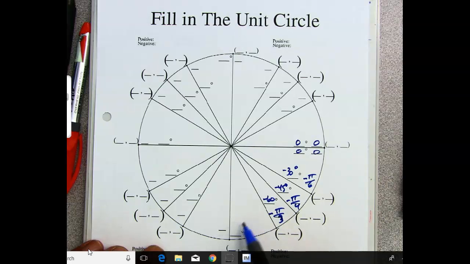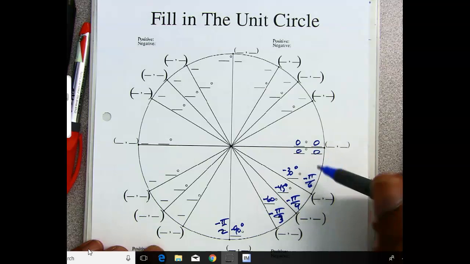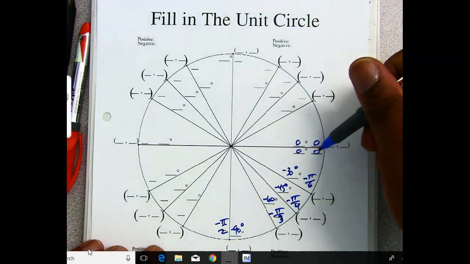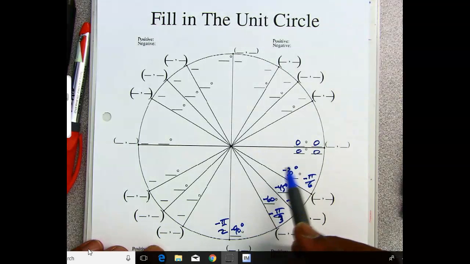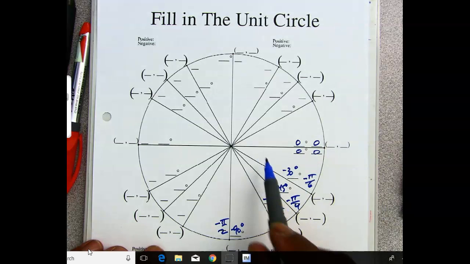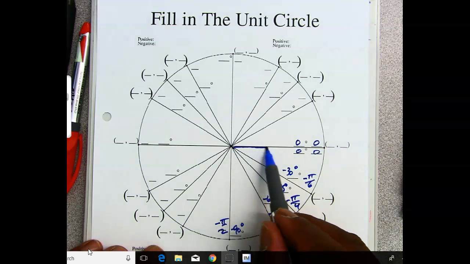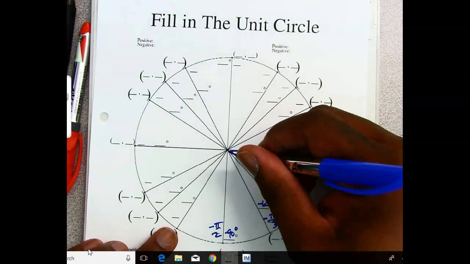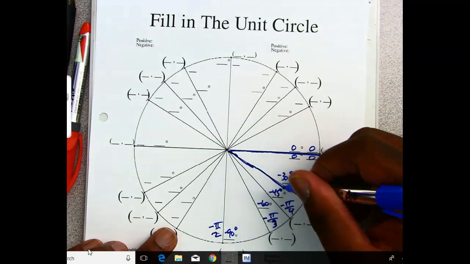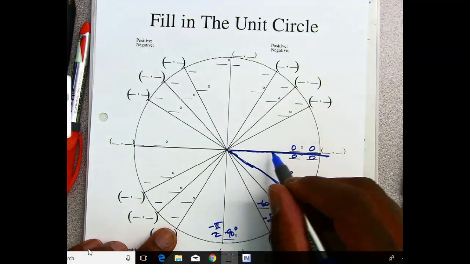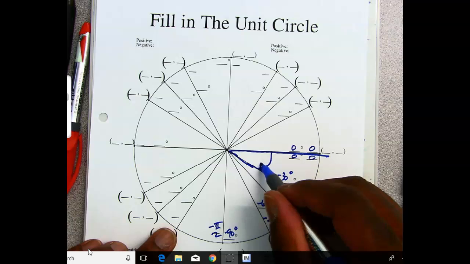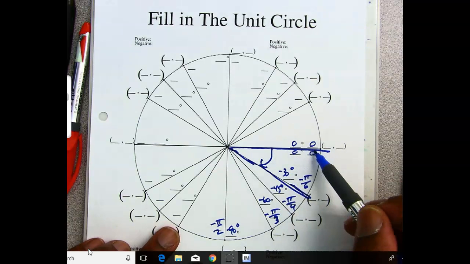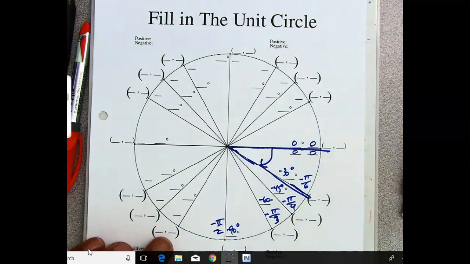Negative 90 degrees, which is negative pi over 2. So the only difference is the orientation. We're starting here and drawing our angles clockwise. If we were to take a look at negative 30 degrees, our angle would start at the positive x-axis and be generated clockwise.